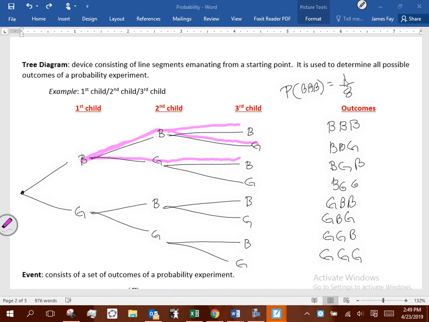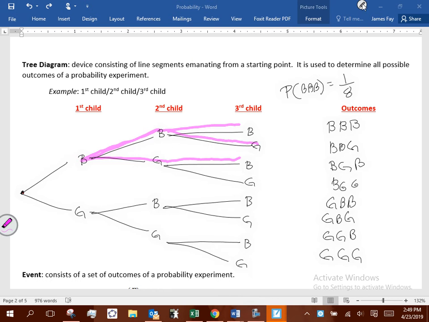Would it have been hard to know that 1 without understanding what my sample space looks like? Yeah. Okay? Now, they could ask the question, what's the probability of having all the same gender? 2. So that'd be 2 out of 8, right? It could be all girls, or they could be all boys. Okay? So 2 out of 8 would be 1/4.